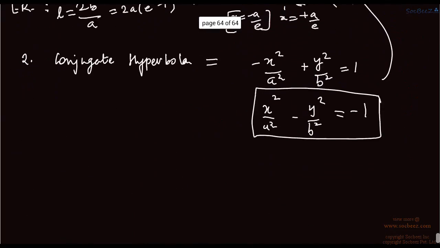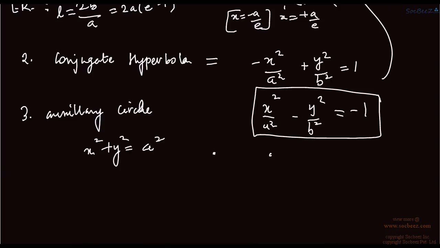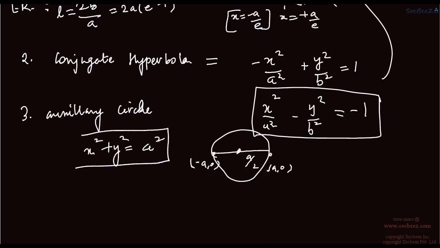The equation for this auxiliary circle, third one, will be x square plus y square equals a square, because the 2 points are minus a comma 0 and plus a comma 0. So it is like the diameter, and that's why x square plus y square equals a square. These 2 points satisfy this equation.